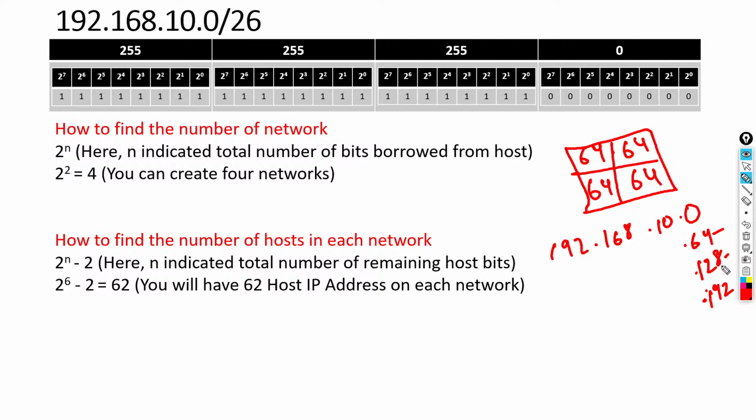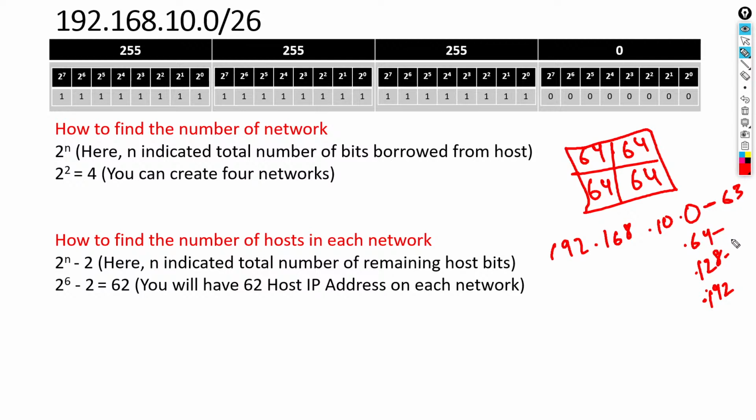Again, what is going to be the last ID? Tell me. Last ID means we have to subtract 1 from the next network's start. For example, the second network starts from 64, so the first network ends at 63, obviously. After 63, 64 is going to come.